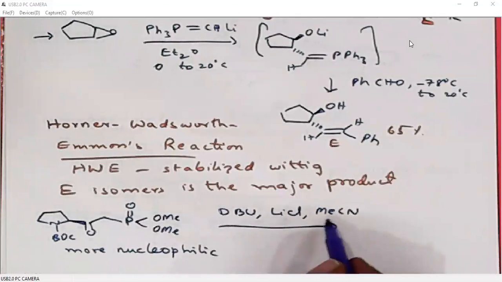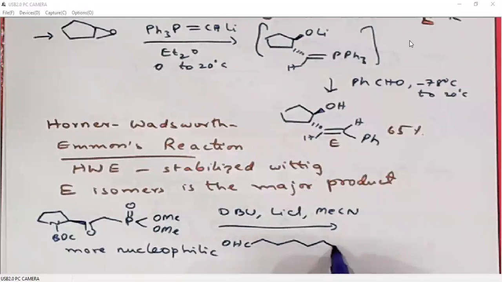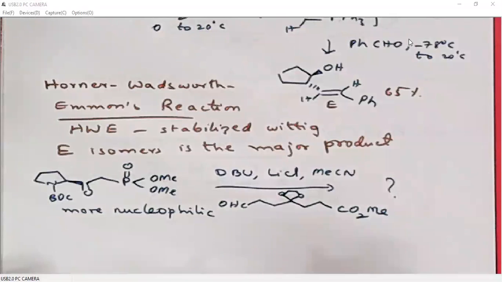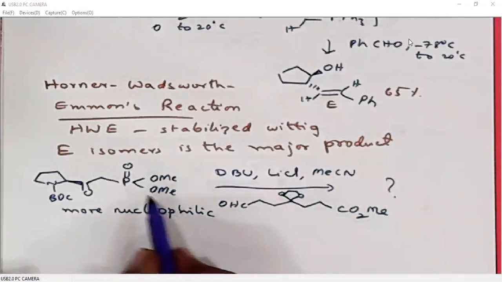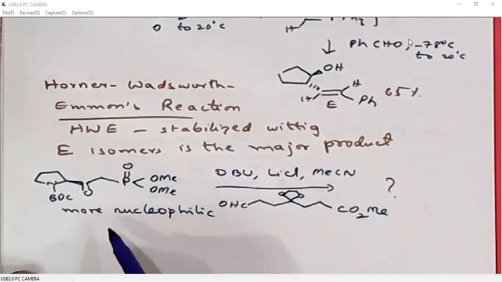This is acetonitrile, a solvent. Wittig reagent will only react with a carbonyl, either an aldehyde or a ketone.